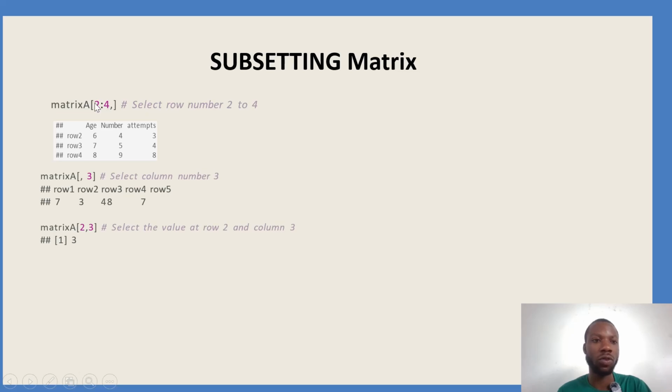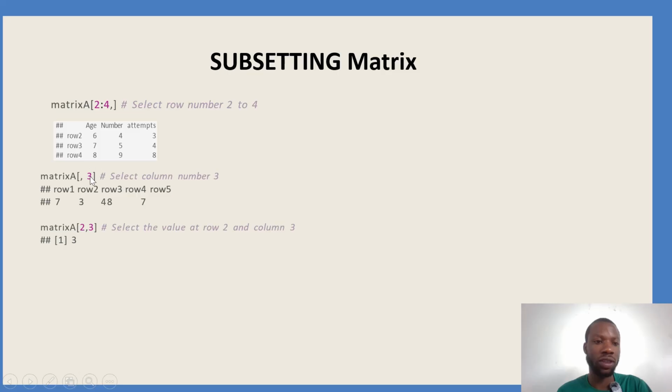It is going to bring row number 2, 3 and 4 for all observations, because I didn't mention the columns I'm going to look for. But here you can also indicate the columns that you are looking for.